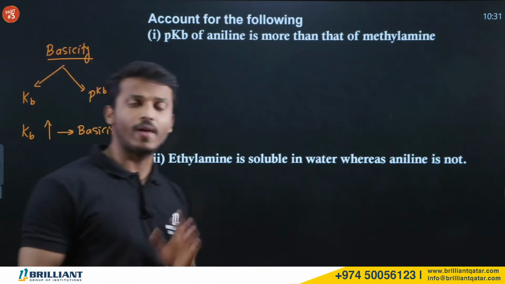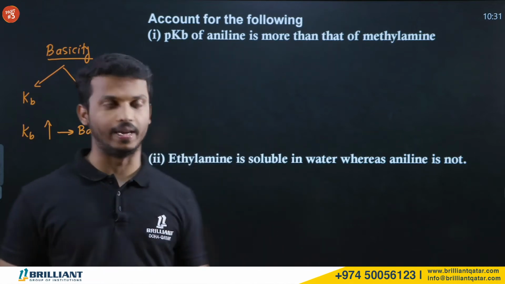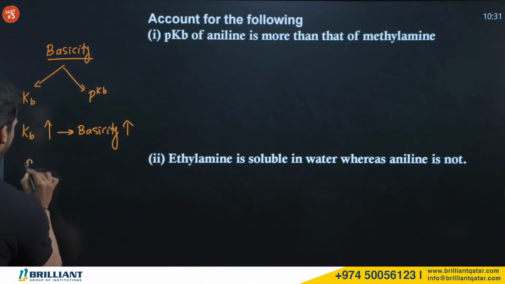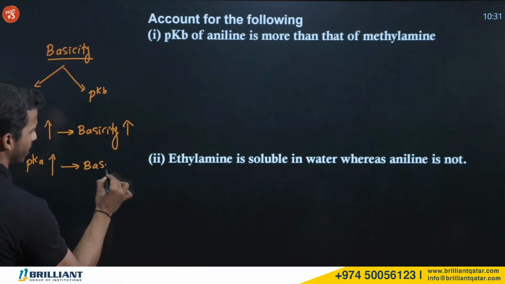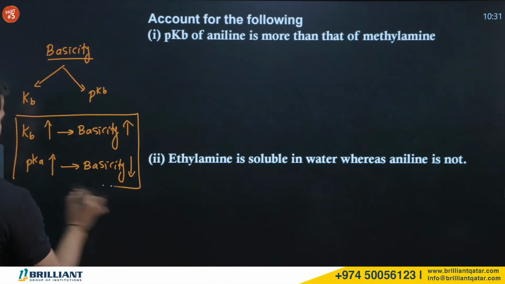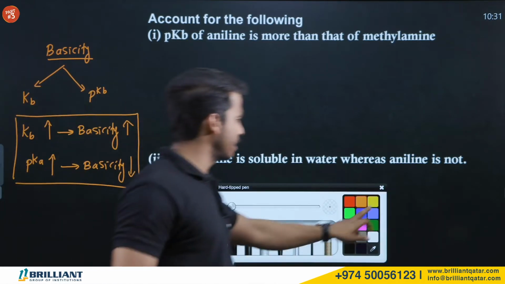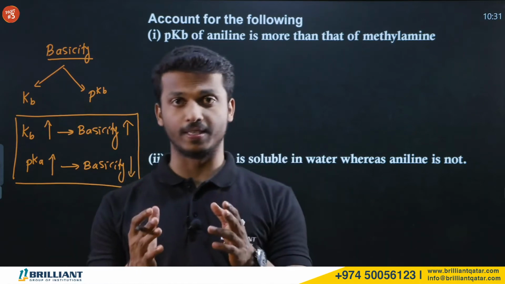Then what about pKb? If the pKb value increases, it is just the opposite, basicity decreases. Be very careful about these two points. Kb value increases, basicity increases. pKb value increases, basicity decreases.